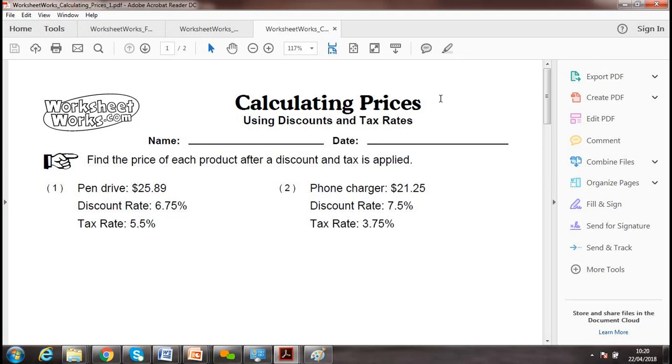The drive costs 25.89. Daniel, you getting that? Yes. Let's calculate the discount, 675. Calculator. Okay.